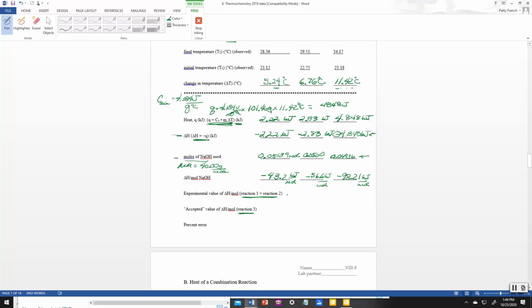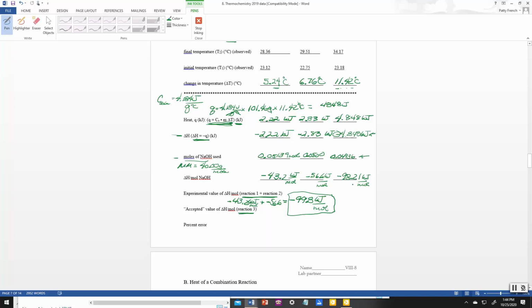So adding up the first 2 experiment delta H's, we get negative 99.8 kilojoules per mole, right? That's negative 43.2 kilojoules per mole plus negative 56.6. All right, so that is Hess's law, adding those up.